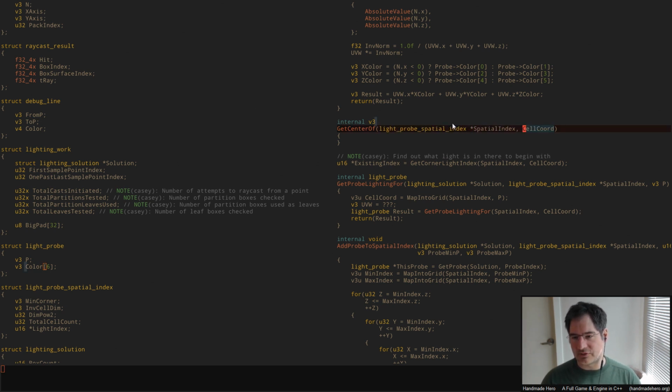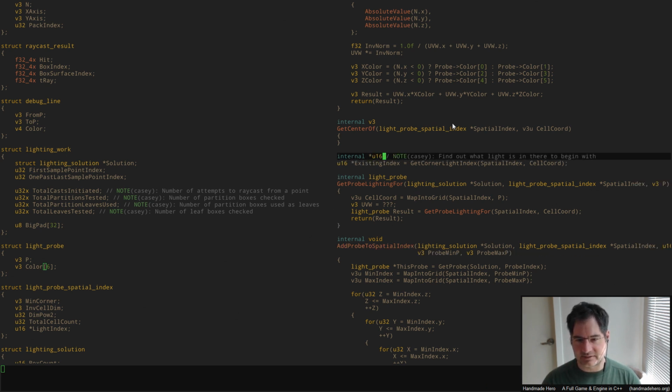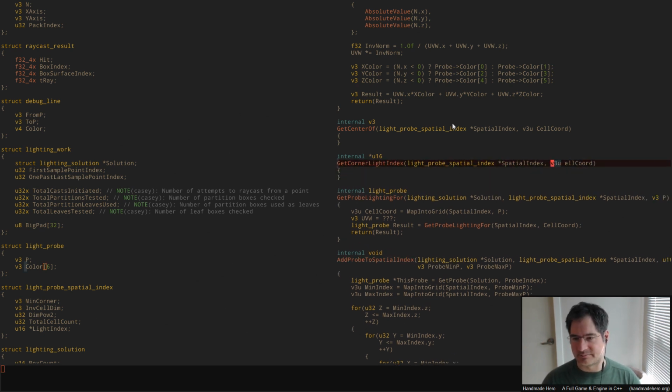So assuming we have a spatial index, one of the things we want to do is produce the center of a particular cell. That's one thing we want to be able to do. Another thing we want to be able to do is get back the slot. This is what's actually stored in the spatial index, which is just a really simple 16-bit integer that tells you which light probe in the set of light probes we're talking about.